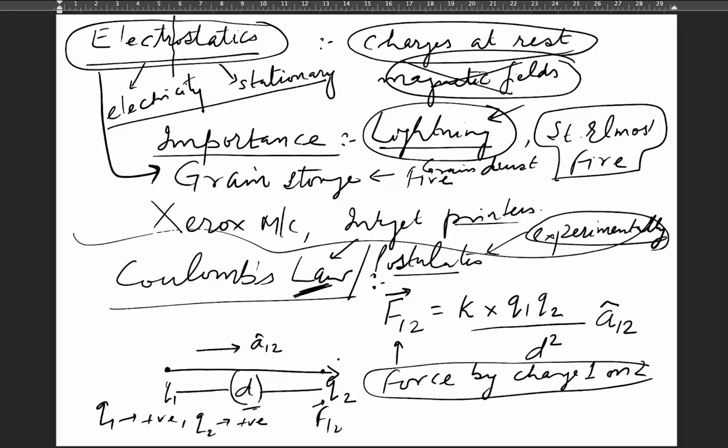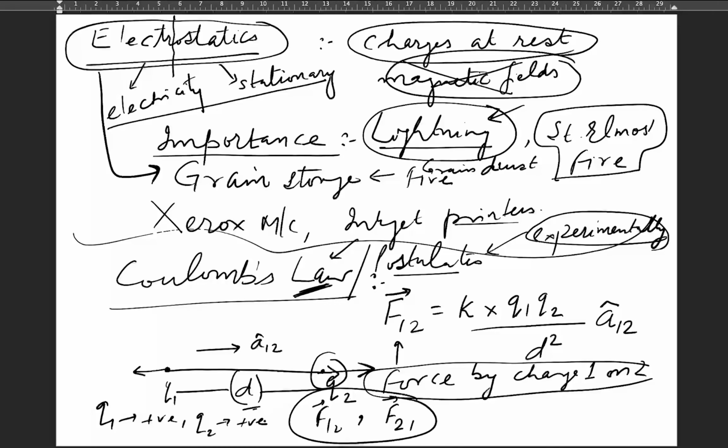Similarly, the force by 2 on 1 will be in this direction and it will also be repelling. In this way we see that charges having the same sign have forces which repel each other.